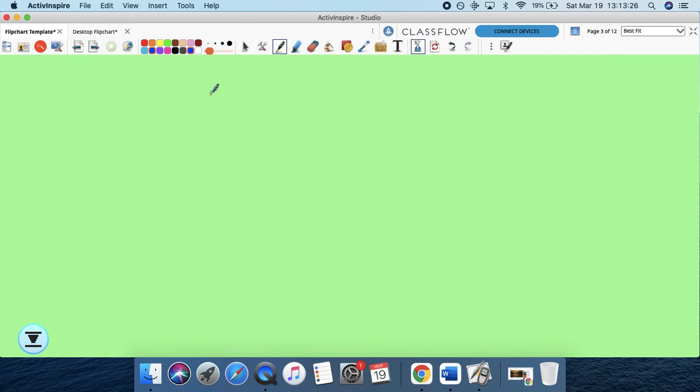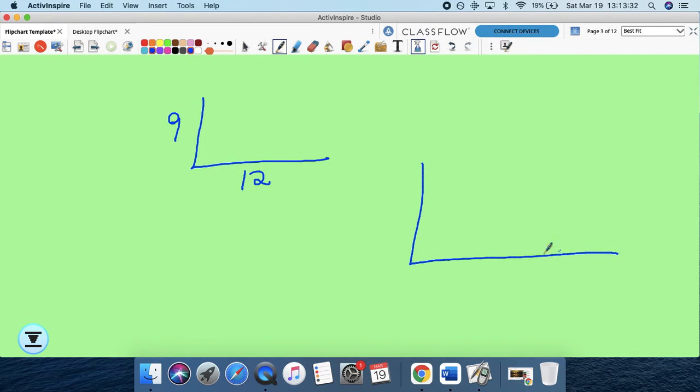She wants a deck, so her deck right now is 12 feet long, 9 feet wide. She wants to make a big one, 30 feet long. This is the 9 feet wide, so we want to know x, and that's our question here.